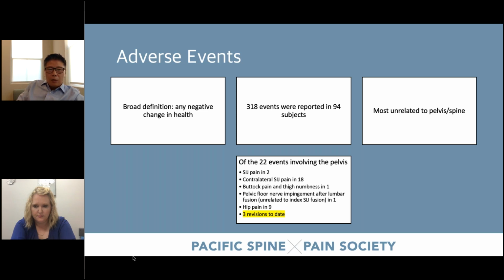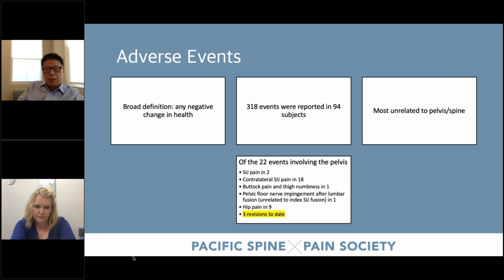So in these kind of randomized studies, you record every adverse event, and you can see that in 94 patients, there was a good number of adverse events. Most were not related to the pelvic spine, but there were some. So you have to watch out for things like SI causing more SI joint pain, contralateral SI joint pain, buttock pain and thigh numbness, pelvic floor nerve impingement, hip pain.